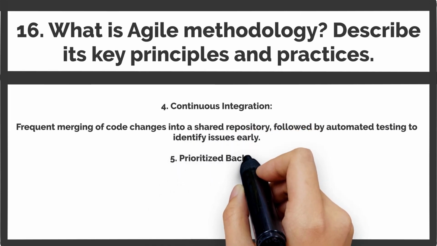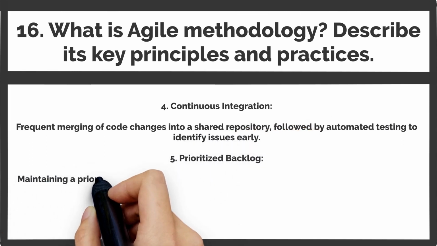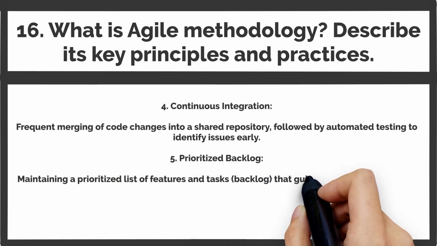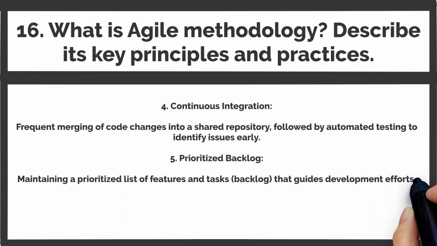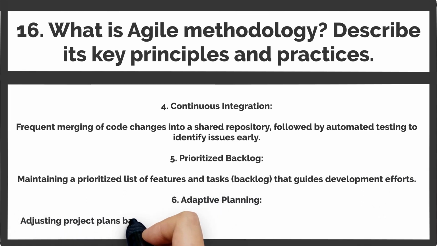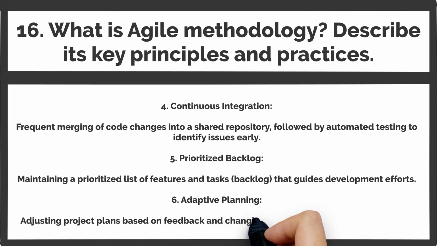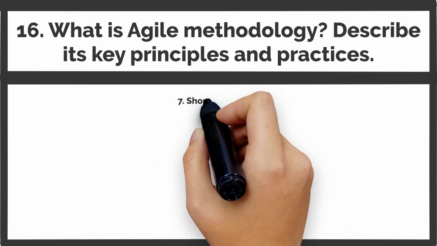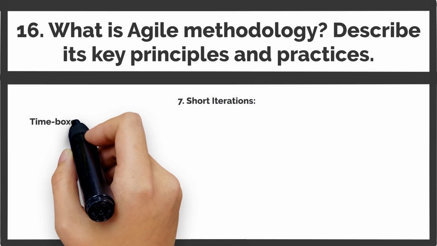5. Prioritized backlog. Maintaining a prioritized list of features and tasks, backlog, that guides development efforts. 6. Adaptive planning. Adjusting project plans based on feedback and changing requirements, fostering flexibility. 7. Short iterations.